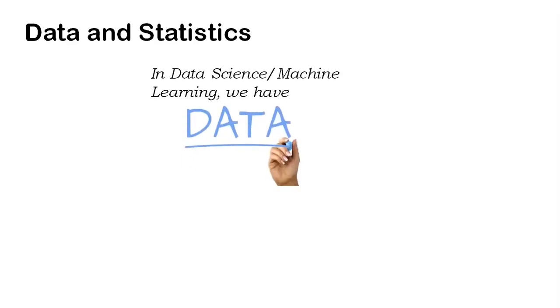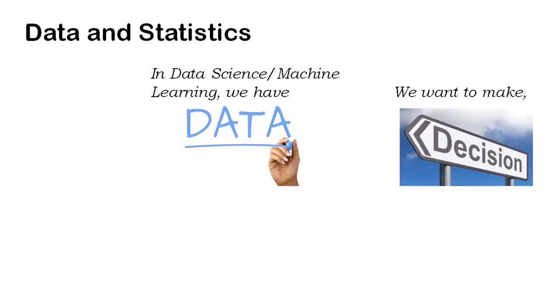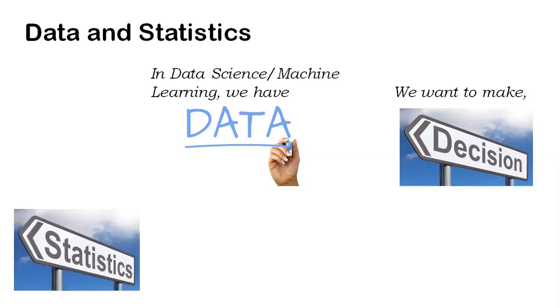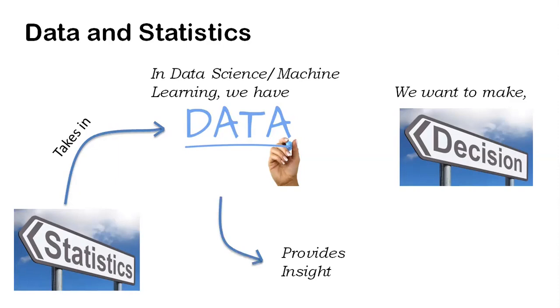Yes. In data science and machine learning, we have data and we want to make decisions. So what statistics does is take in the data using statistical analysis and provide insights from the data, which helps in better decision making.